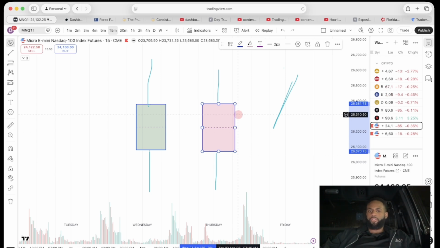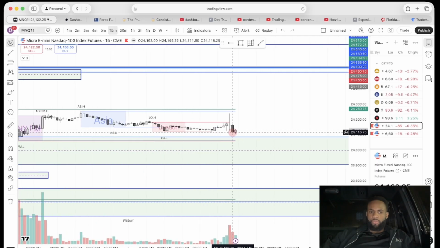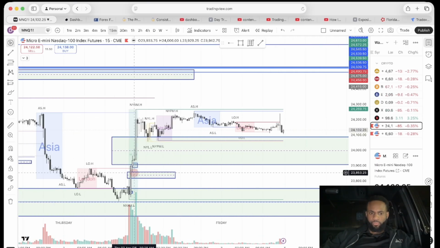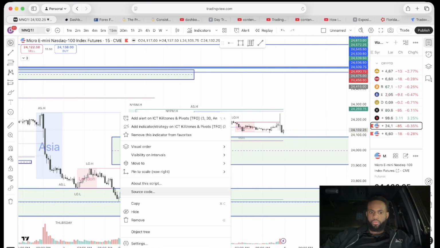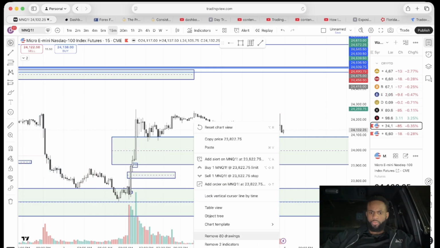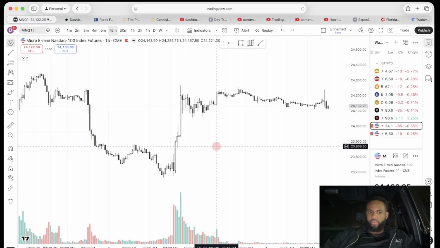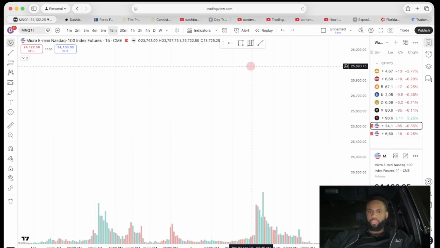Okay, so what is a candlestick? Mine looks a little different. Let's clean all this up. My chart looks like this: tan means up, black means down. Oh, I deleted it.